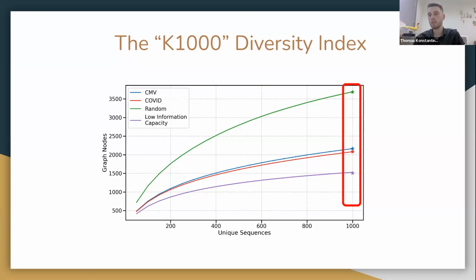And the low information capacity one means basically most of the sequences share almost the same base, as we would see, for example, in B cells after somatic hypermutation.